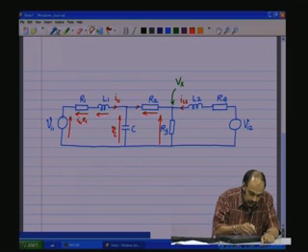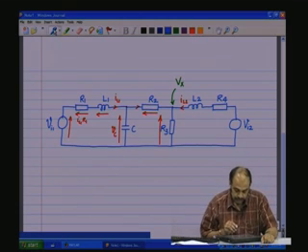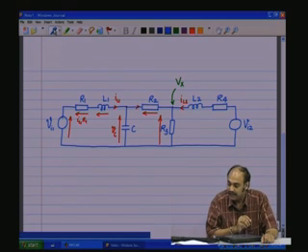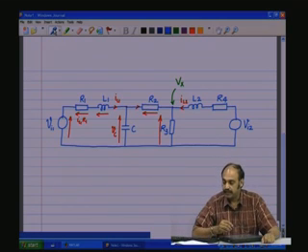Okay. So, we have the circuit here, so that we again can proceed with our operations.